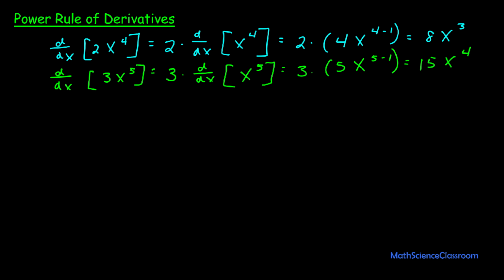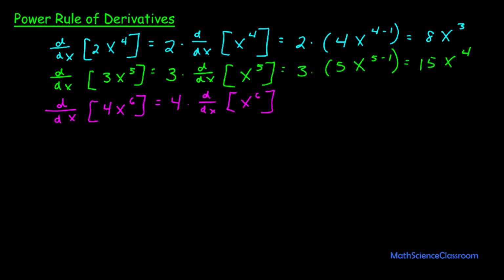Let's try another. d dx of 4x to the sixth power. Isolate the constant. 4 times d dx of x to the sixth.